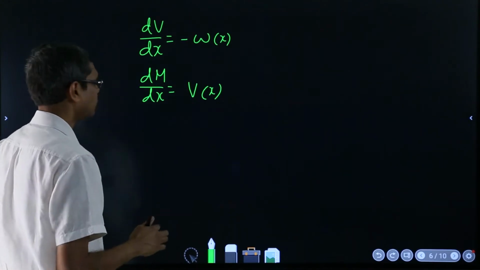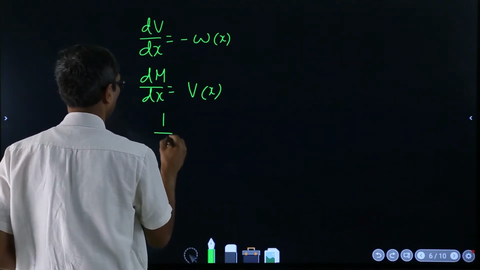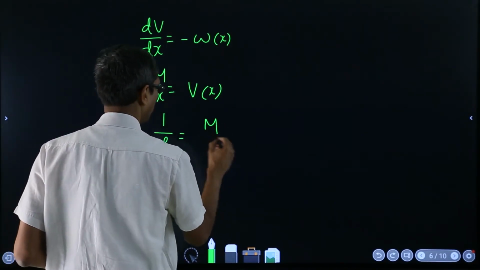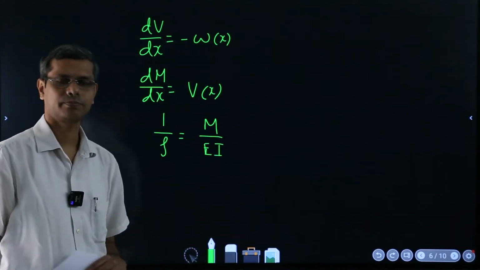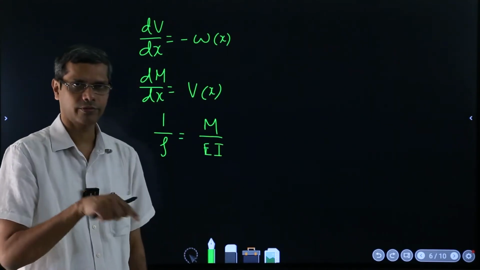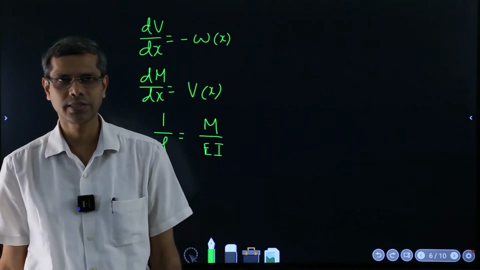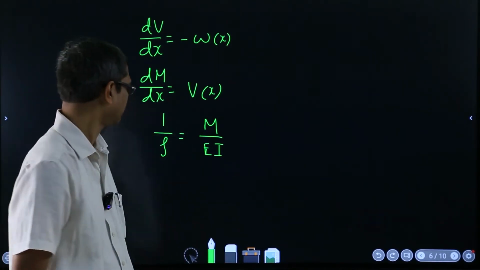an equation under the pure bending case that 1 over rho is M over EI. Here rho is the radius of curvature of the arc which results when you apply a pure bending moment.